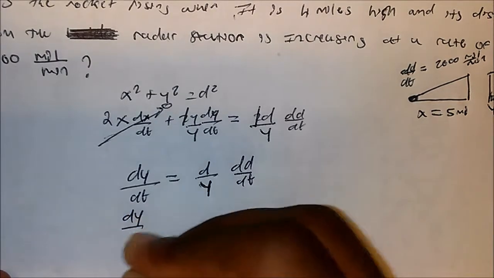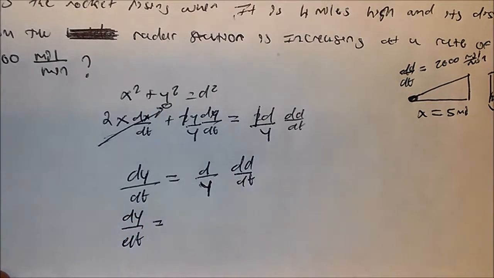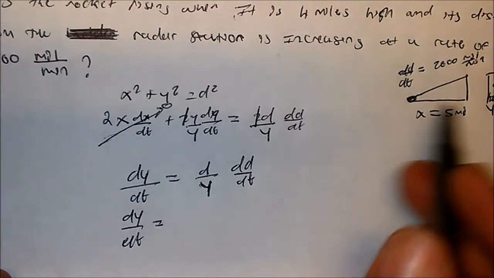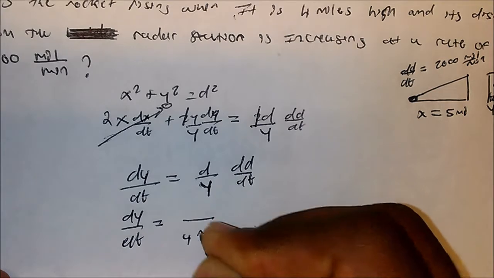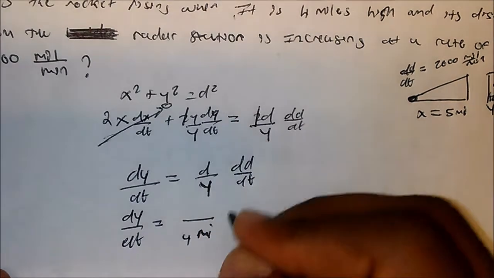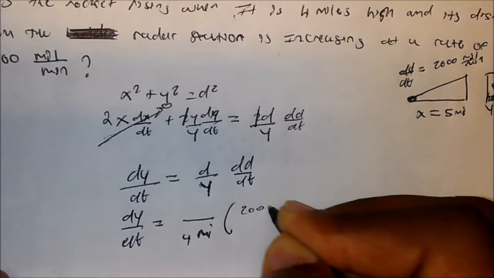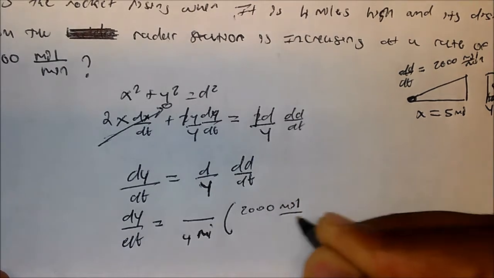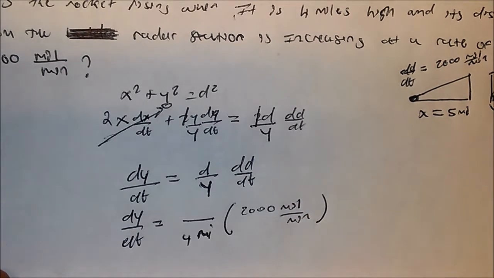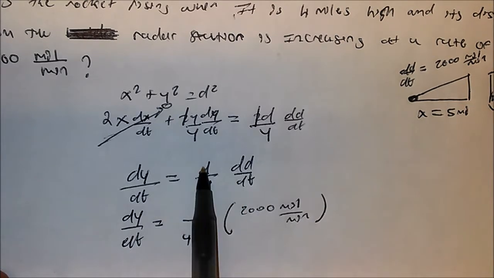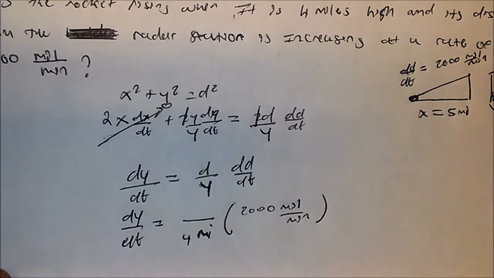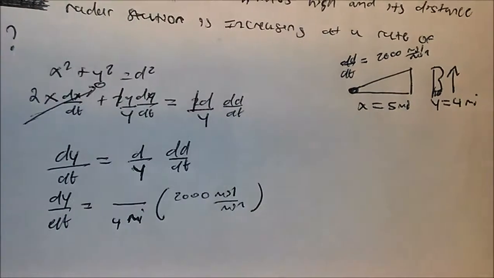Again, dy dt, they're asking us how the rocket or the vertical axis is changing, right? Good news is that we have our y, which is 4 miles. And dd dt is just 200 miles per minute, right? We do not have our d, right? And so we've got to use a triangle to set it up, right?